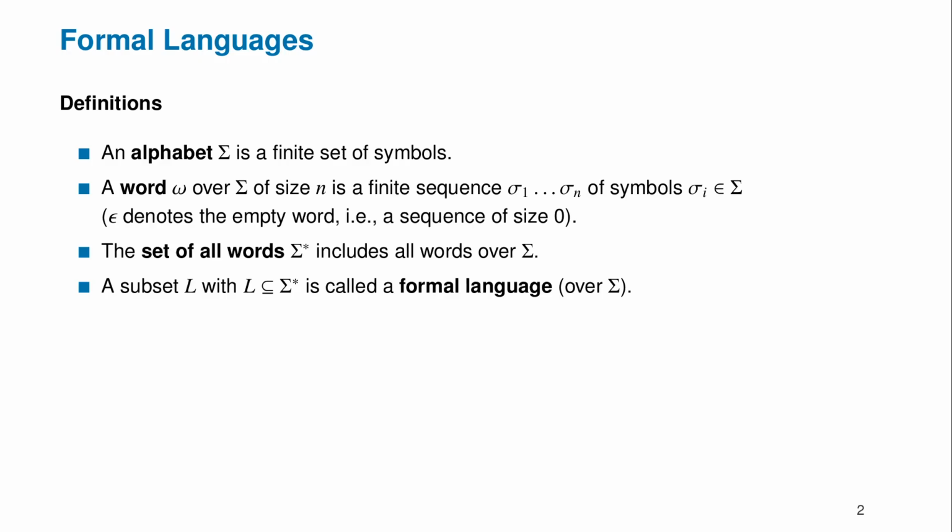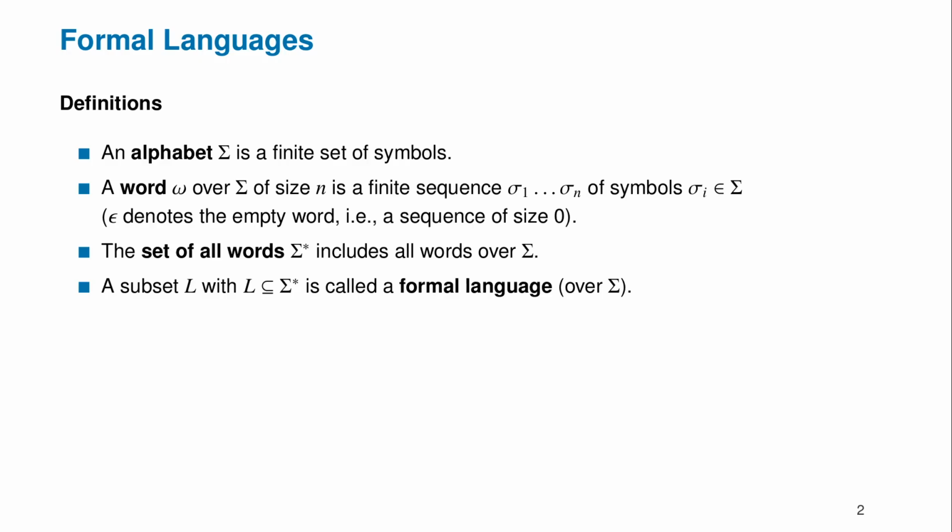Yeah? Because say we just have one letter, A, then we can build the empty word, the word containing just A, then the word containing AA, the word containing AAAA, and so on. Yeah? So we have an infinite amount of words in this sigma star.